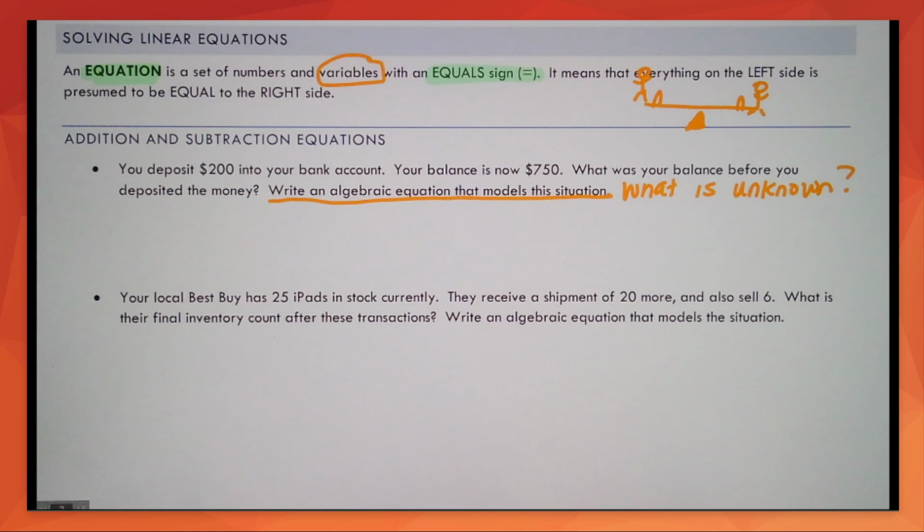So you might use the letter P here because you're searching for your prior balance. Or you might use the letter B, because you're trying to find the before balance, or something like that. Think of something that makes the most sense to you. Or you can just use X. If you're cool with that, it's totally up to you, okay?